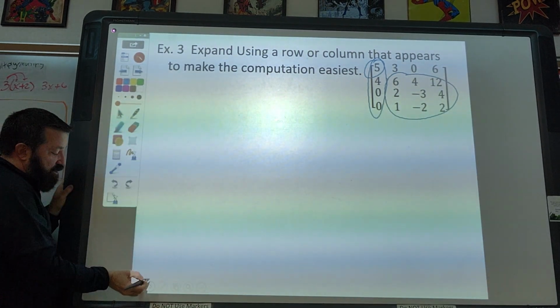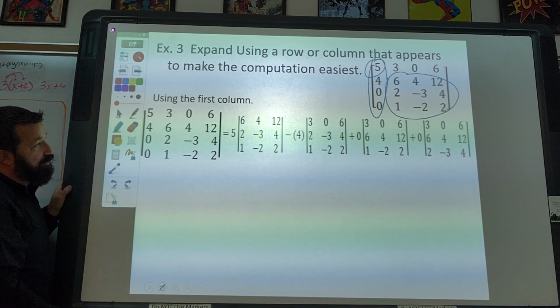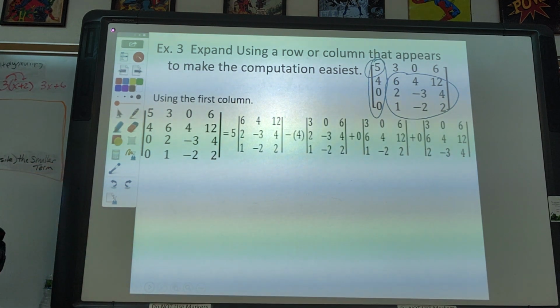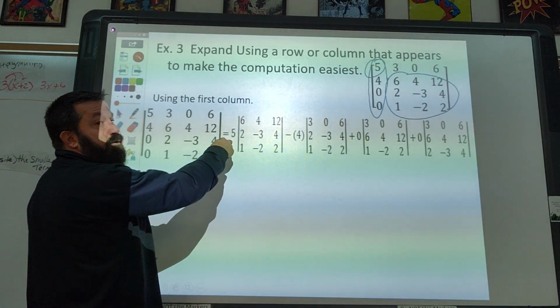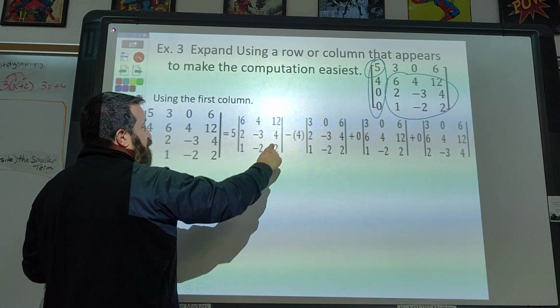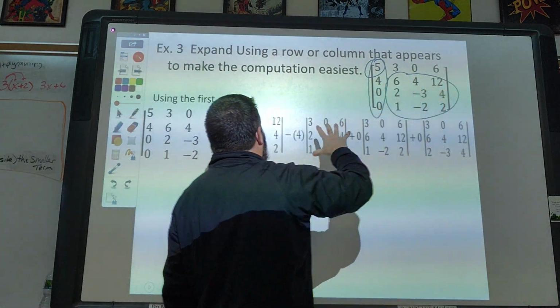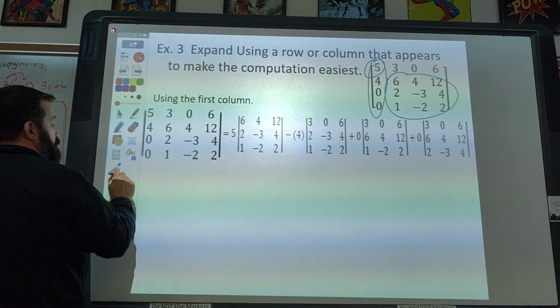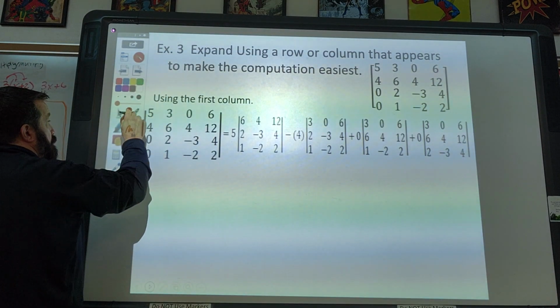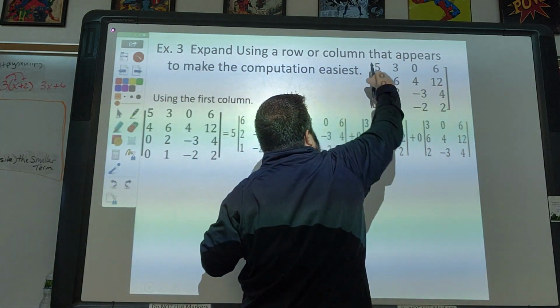Okay? So as I go through and expand this using the first column, this is going to be quite a bit for you to look at here, but see, there's the 5, and then these 9 elements are the 9 elements that are here, okay? And so then, when I'm looking at the 4, because that's the second one, I'm going down this column.